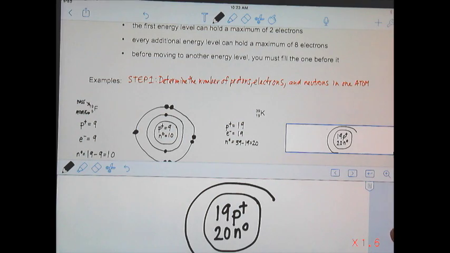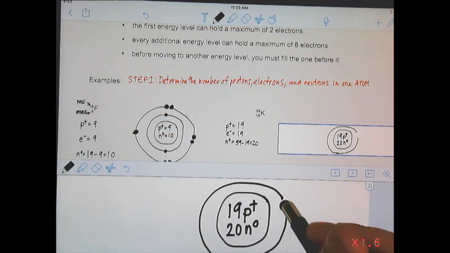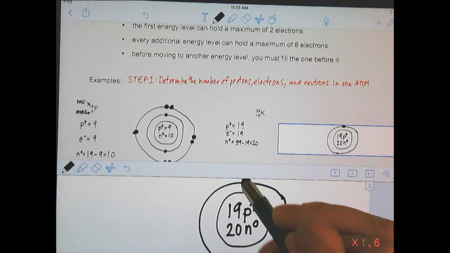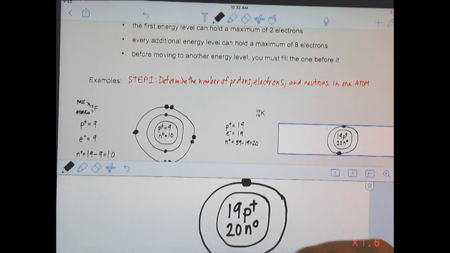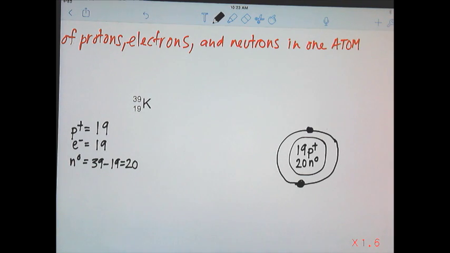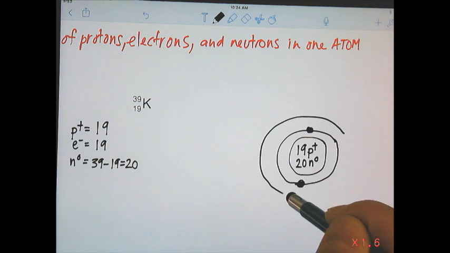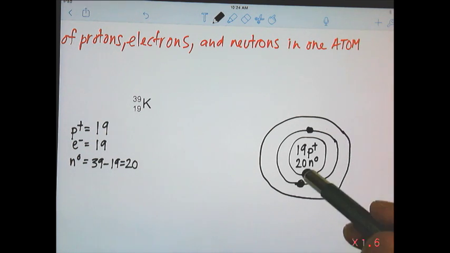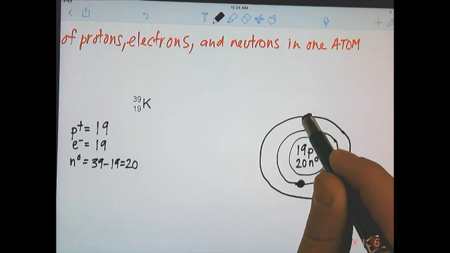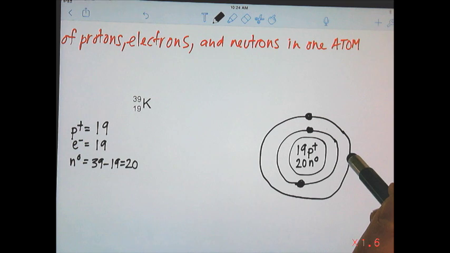Around this nucleus, we'll draw the first energy level, and we'll place the first 2 of the 19 electrons. To add the remaining electrons, we'll have to draw in another energy level. Remember, in each additional energy level, there can be a maximum of 8 electrons. So we can start filling electrons in this energy level.